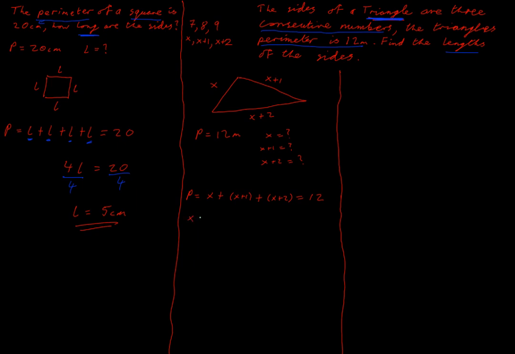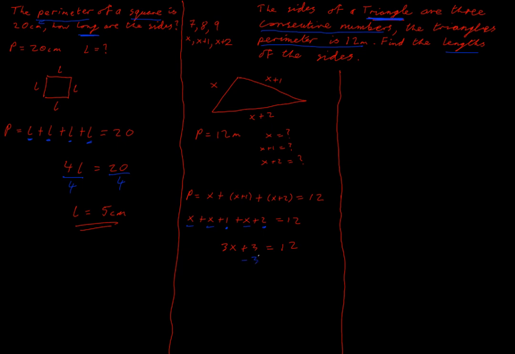So let's add all of this up. I have x plus (x plus 1) plus (x plus 2) is equal to 12. Do I have like terms? I do. I have x and x and x and 1 and 2. So let's add up all of our like terms. I have 3x's, so I have 3x plus 3 is equal to 12. Now I want to find out what x is, so I'm going to rearrange.